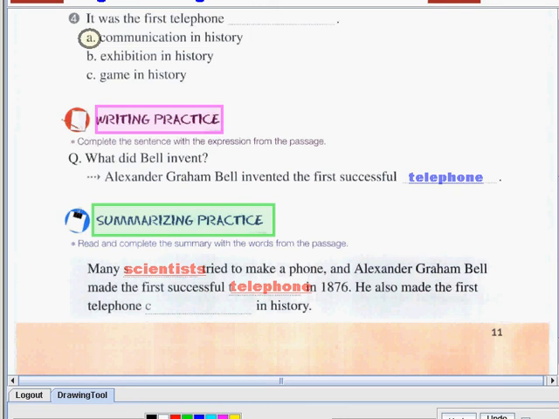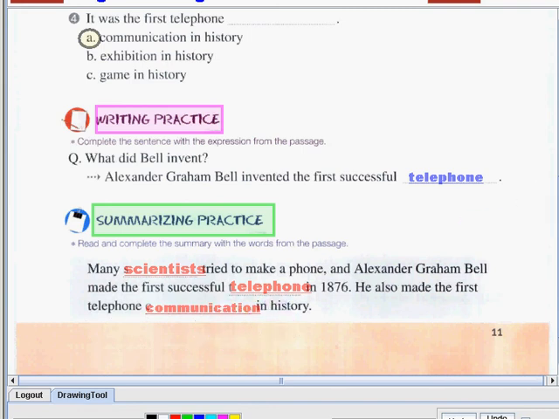And Alexander Graham Bell made the first successful telephone in 1876. So how about the last missing word? The answer is communication. He also made the first telephone communication in history.